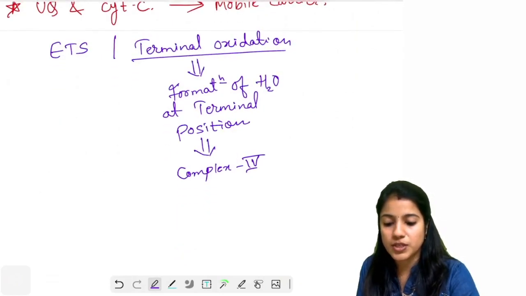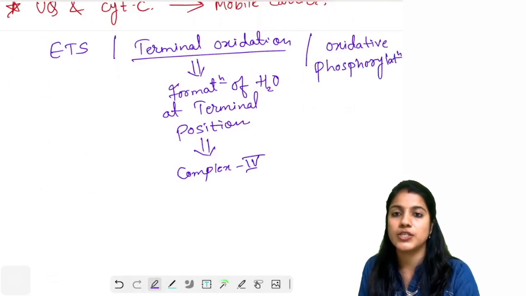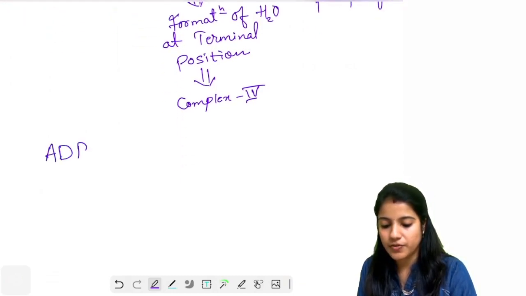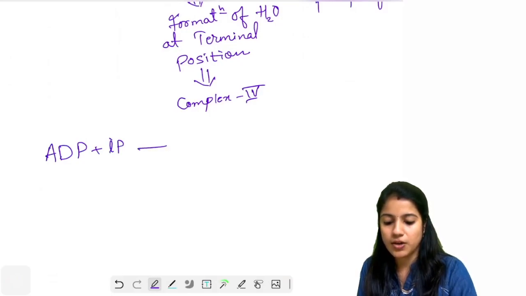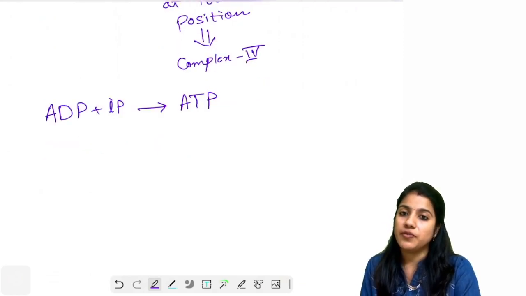Now, this process is also called oxidative phosphorylation. What is phosphorylation? Formation of ATP from ADP and inorganic phosphate. So you will get ATP, right? We have 2 types of ATP formation.